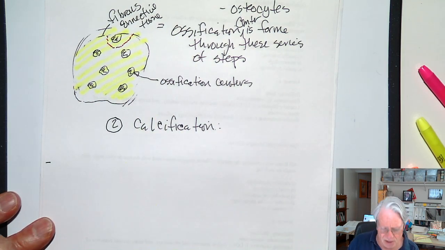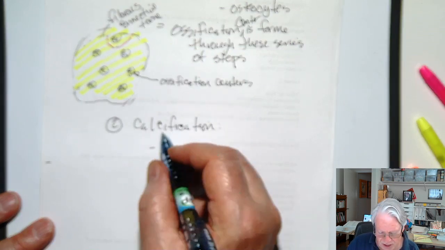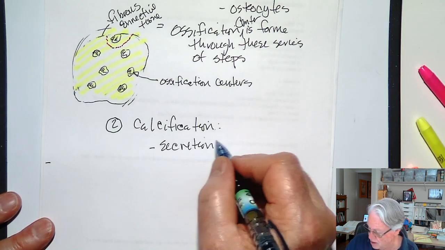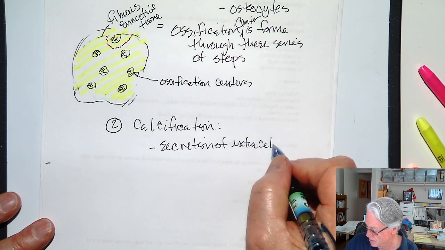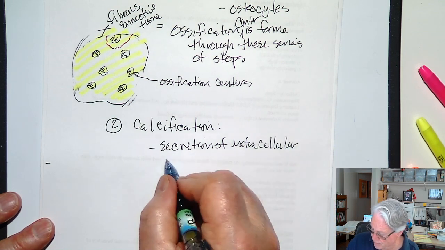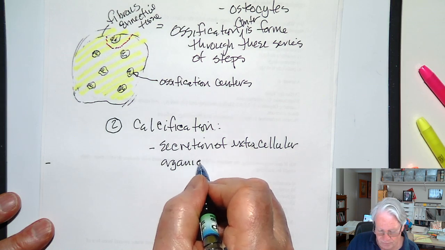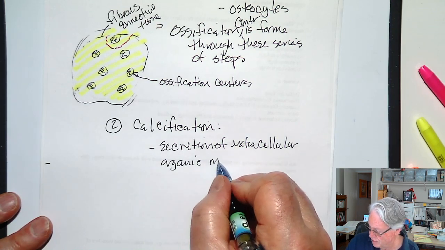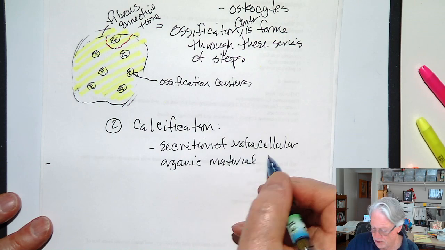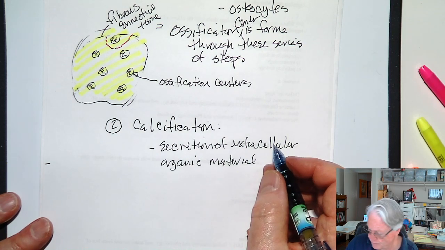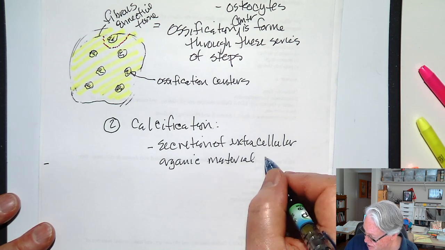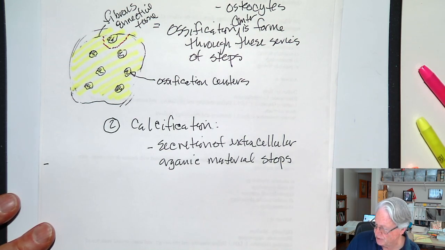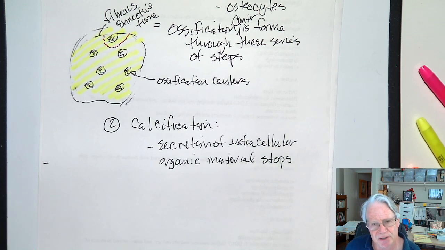Then as that process continues, we get the calcification process happening. What's going to happen is the secretion of extracellular organic material stops.